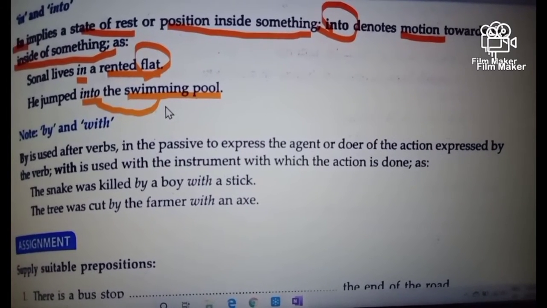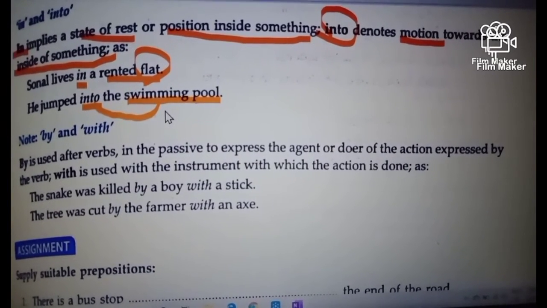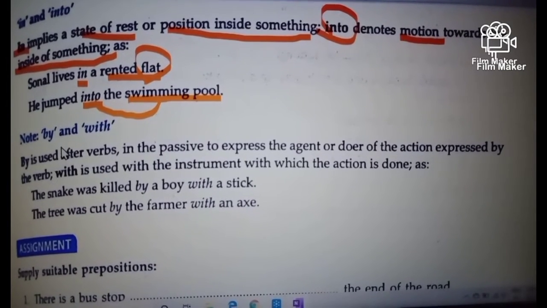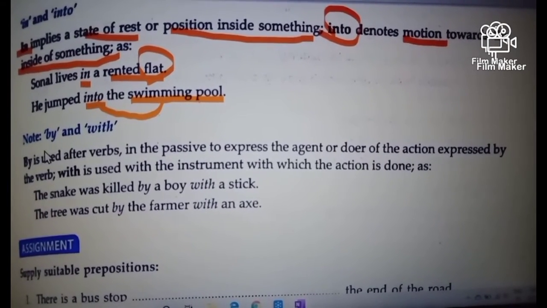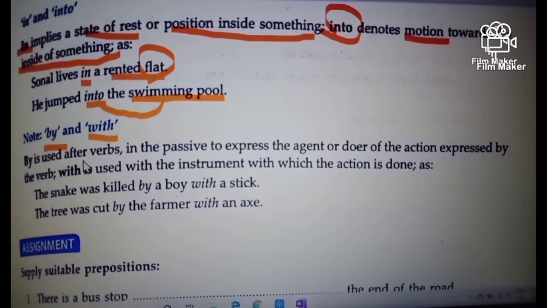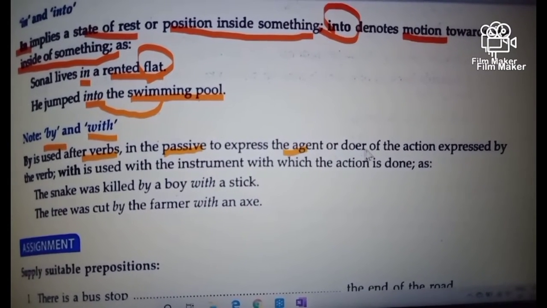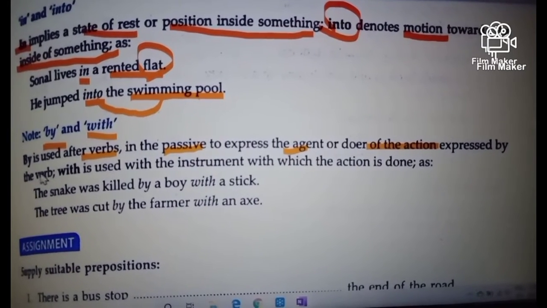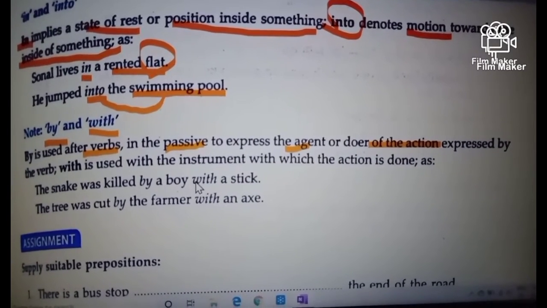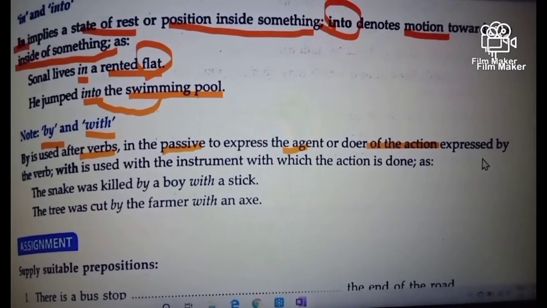So in is used for things resting at a place, and into is used for motion inside of something. And the last one, prepositions of place, by and with. Now by is used after the verbs, especially in passive, to express the agent or doer of the action. This word we most probably use in active and passive to denote who is the doer and the agent of the action.